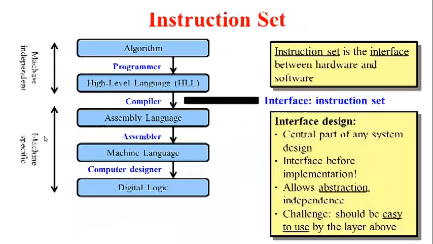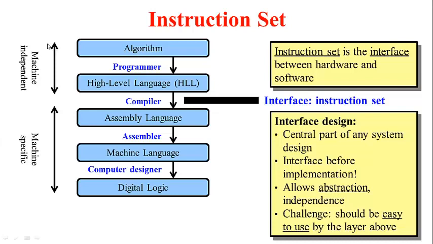We can now revisit this language hierarchy which we have seen earlier. We saw that algorithm and higher level language are machine or hardware independent, and whatever is below here, assembly language, machine language and digital logic, are machine or hardware specific. So we can think of these 3 layers below to represent the machine or the hardware, and these 2 layers above to represent the software.